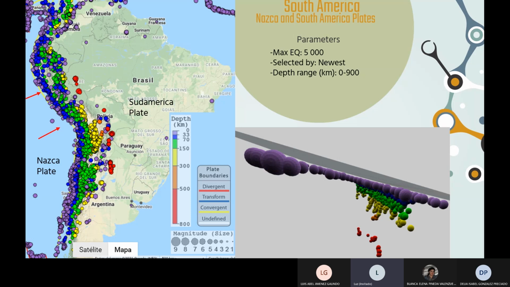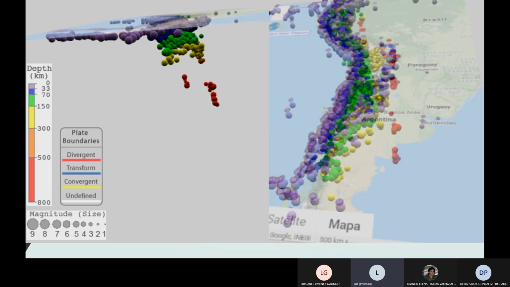On the other hand, only a small part of the earthquakes are found at depths greater than 500 kilometers, and in general, the deepest earthquakes are at a greater distance from the trench. In fact, the deepest earthquake is located at 630 kilometers deep with a magnitude of 7.1, very far from the trench.